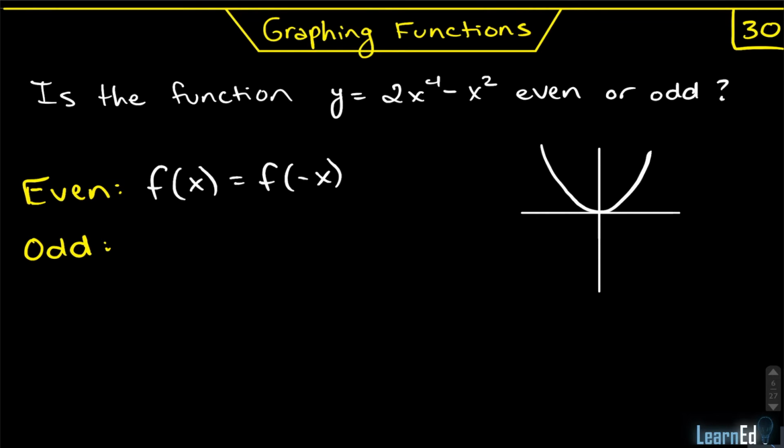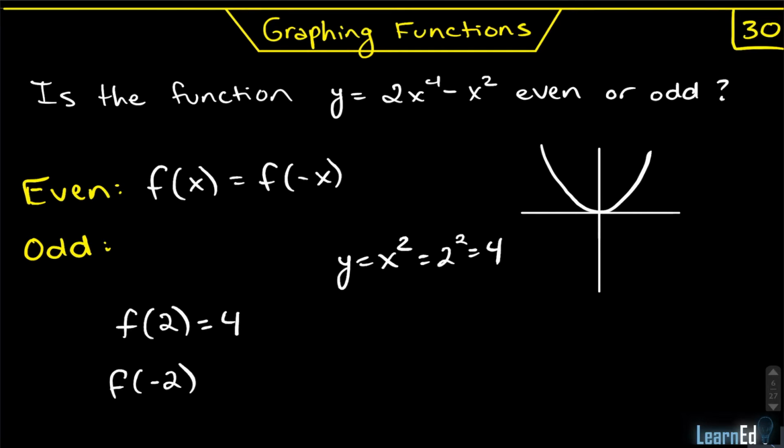Okay, so basically, if you have f of 2, if you're talking about y equals x squared and you plug in 2 for x, you would get 2 squared equals 4, right? So you know f of 2 equals 4, but what about f of negative 2?